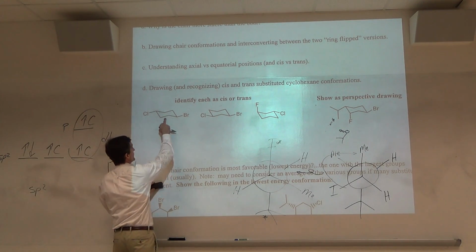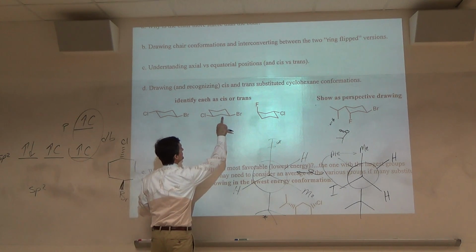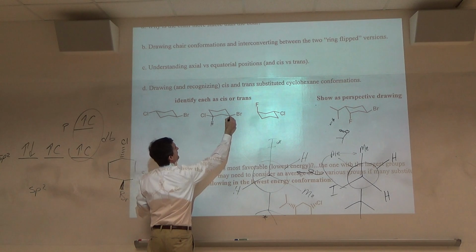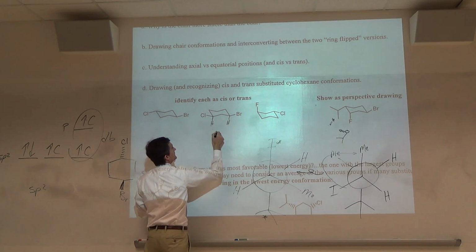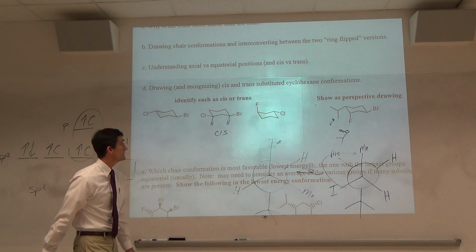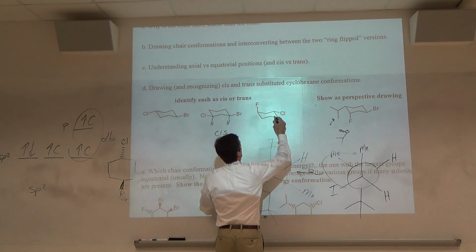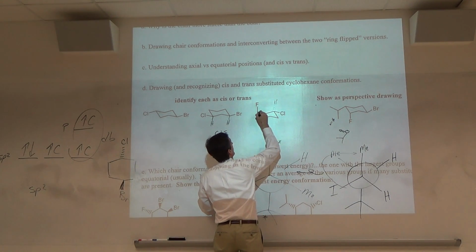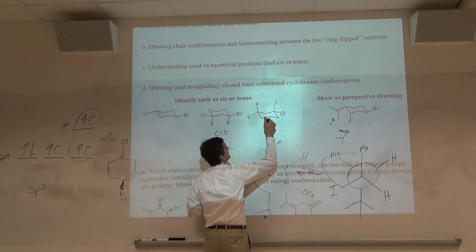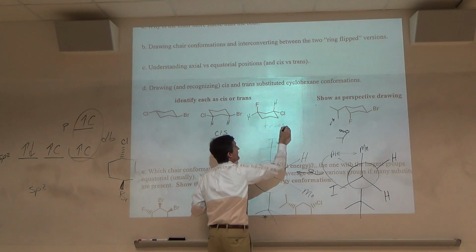Okay, so what was the first one? Trans. How about this one? Cis or trans? Let's see, that's a down carbon. That's a down carbon, right? So what is this? A cis. Okay. How about this one over here? Trans. Okay?